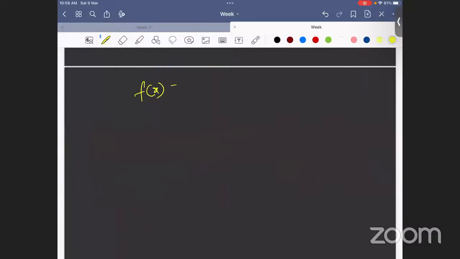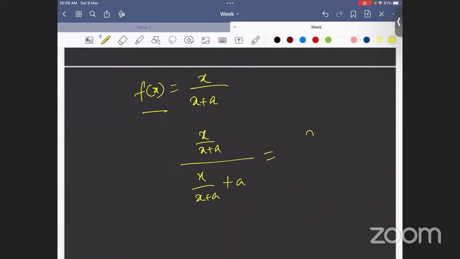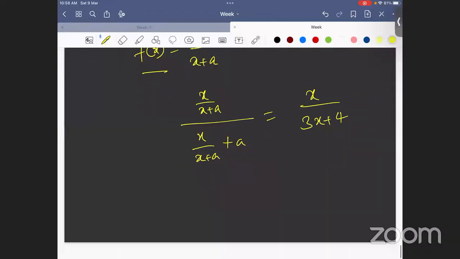f(x) has been given as x upon x plus a. This is what you're asking? Yes, sir. Okay, and then you have to take the f of f itself. So what is the value of a? Just put the value x in x upon x plus a, and it equals something, x is 4. And then you have to calculate the value of a.